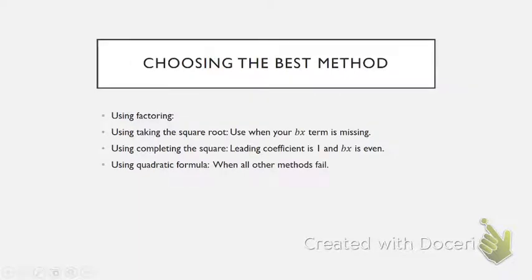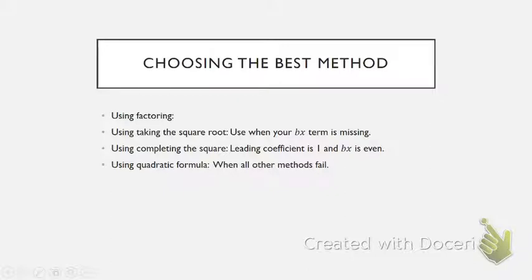Choosing the best method. All right, I kind of left using factoring blank because I wanted to make sure my vocabulary matched with what we told you in the packet. I don't have it with me, so I apologize, but I can go ahead and tell you when you're factoring, it should be obvious that you can quickly take that number, whatever it may be.